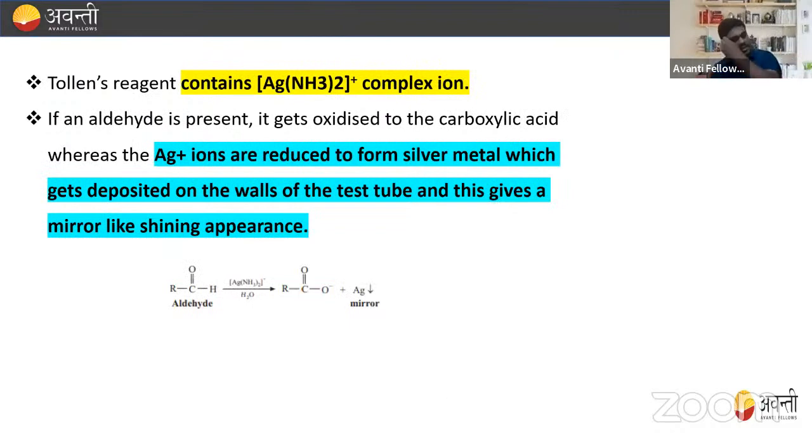The formula for Tollens reagent is the [Ag(NH3)2]+ complex, right? If an aldehyde is present, it gets oxidized to the carboxylic acid, whereas Ag plus ions are reduced to form silver metal, which gets deposited on the walls of the test tube and gives a mirror-like shining appearance, right?